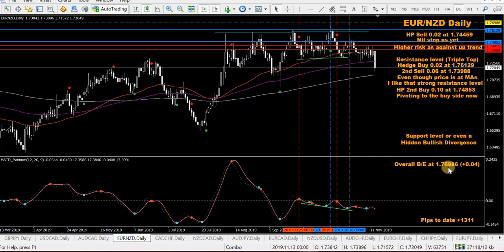So you can see my overall break even is up here, and it's positive, and price is well below it. The MACD Platinum is staying below the zero level. I'll still be looking to buy. Eventually, this will come up. More than likely, I'll get a buy signal. Don't know when, but that's what I'll be looking for.